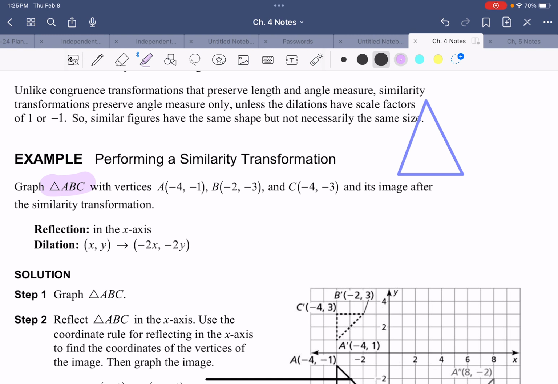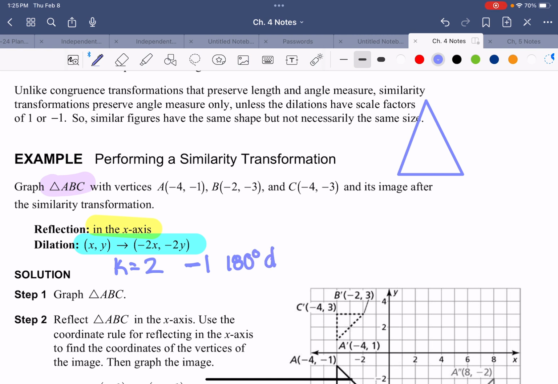The first thing we're going to do is reflect it on the x-axis. And then after that, we're going to do a dilation. Our K is going to be equal to 2. And then that -1 means we're going to do a 180-degree rotation. Okay, we're going to rotate it 180 degrees.